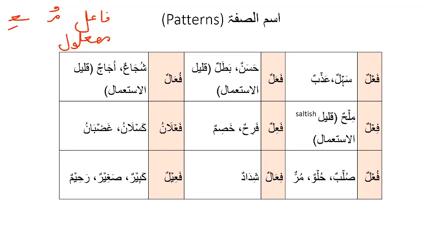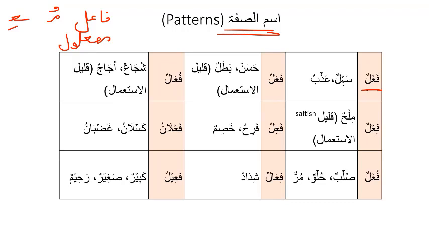For ismul zarf, there were a few particular patterns. But with ismul sifa, there are many different patterns. So it's not one or two. In fact, over here, I'm showing you 9 patterns. Some are more common than others. So it's hard to memorize all these patterns, but at the very least, you can recognize that there are multiple patterns. And then a couple of these patterns are very important, so we are going to focus on those. But I'll just say this once for you so that you start getting a sense that there are multiple patterns.